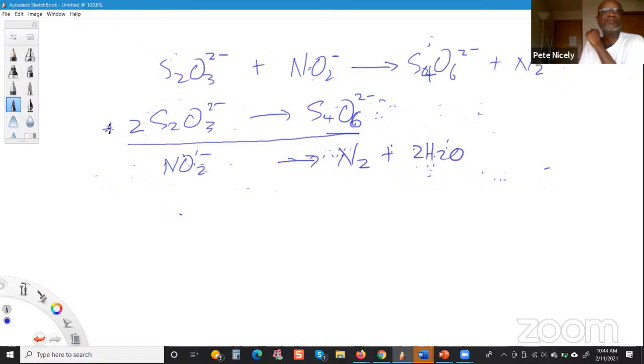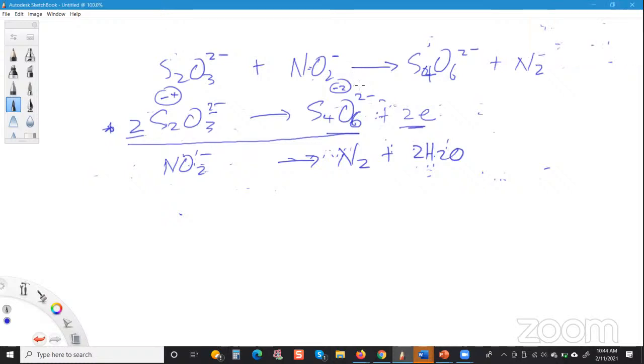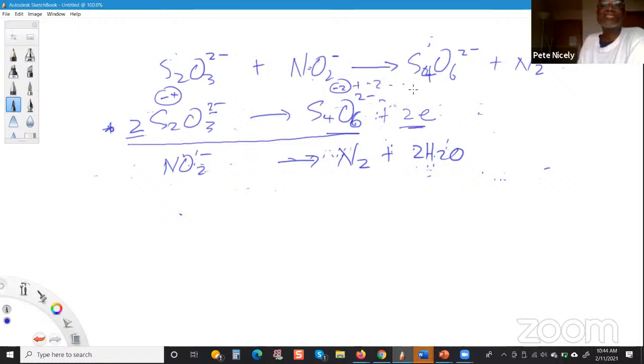Well, actually, no. Because you'll notice that you have 2 times minus 2 gives you minus 4. And here we have minus 2 on this side. So we need to add 2 electrons here on the right side. You see what I'm saying? Because when you add 2 electrons here, this will be reduced to minus 4. All right?